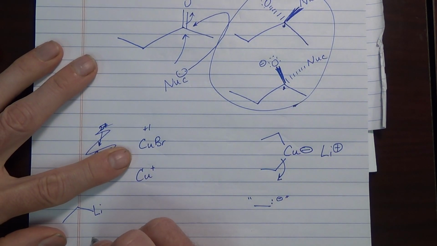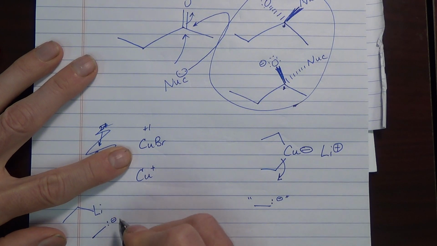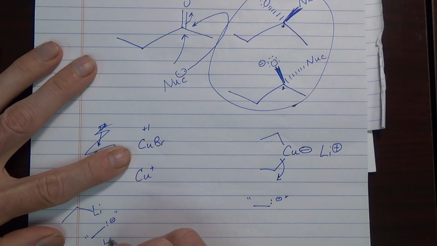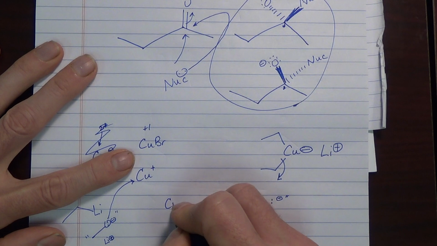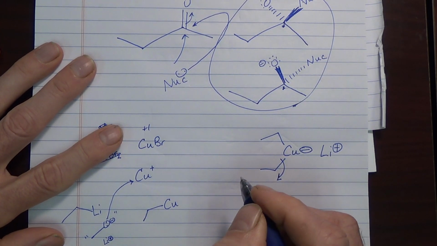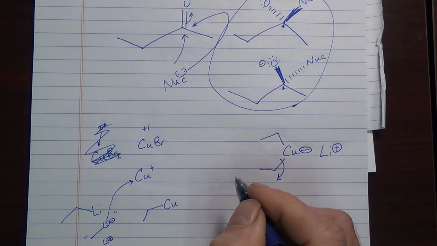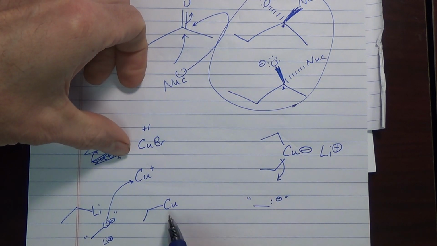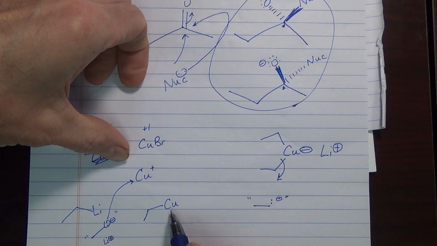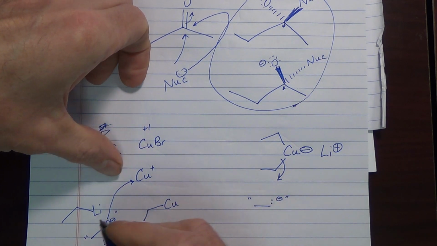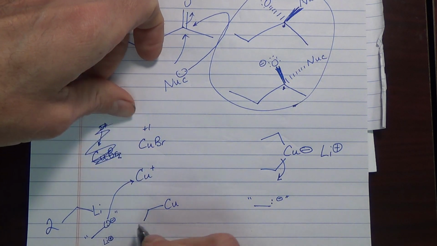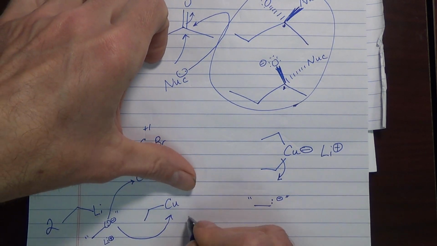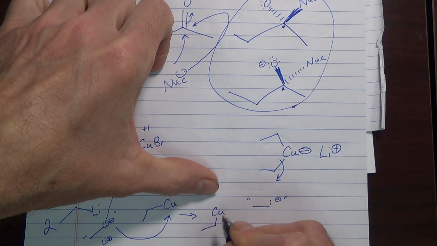This is essentially that lithium plus. These add to the copper. That's going to give a copper with one ethyl. The copper would then be neutral. You need two equivalents of this. Another one adds, and the second one gives copper with two ethyls.